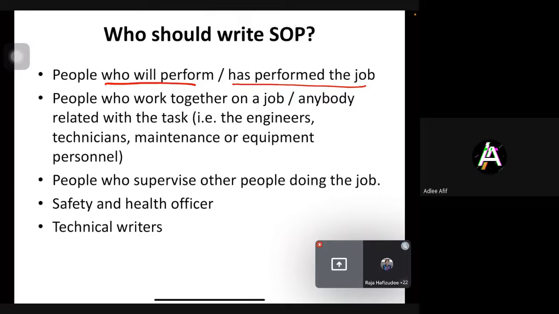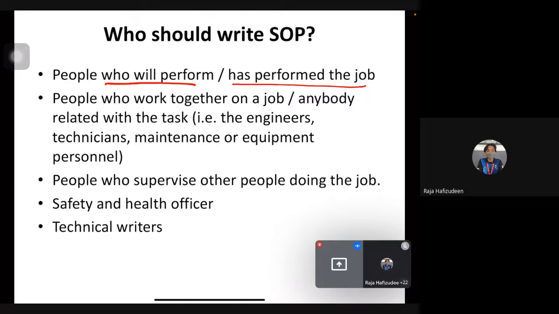Yes, sir. What does it mean by who will perform and who has performed the job? People that are doing the job. Authorities. Okay. And then?